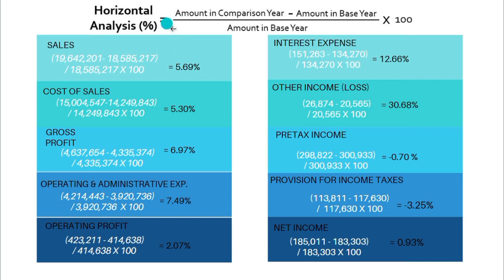Again, the formula is amount in comparison year minus amount in base year divided by amount in base year times 100. To get the percentage of sales, 19,642,201, which is the amount in comparison year, minus 18,585,217, which is the amount in base year, divided by 18,585,217, which is the amount in base year, times 100, resulting in 5.69%.